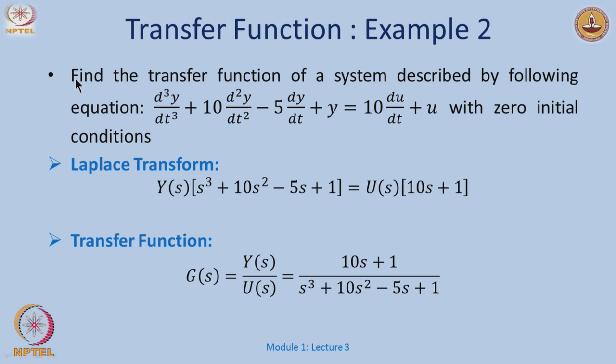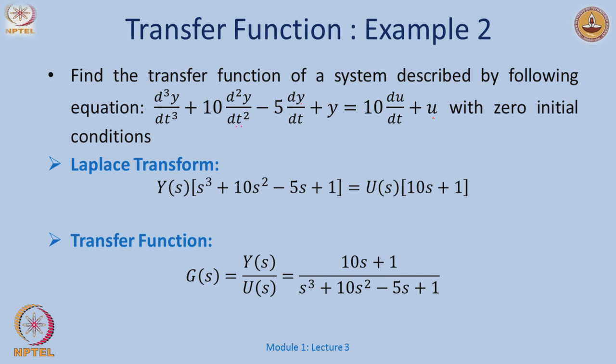Now, if I just start with some relation between input and output. Usually, throughout this course we will denote u(t) as the input signal and y(t) as the output signal. So, if I am given a differential equation in y and u like this with, again, 0 initial conditions, how do I find the transfer function? Well, again I just do the same steps.